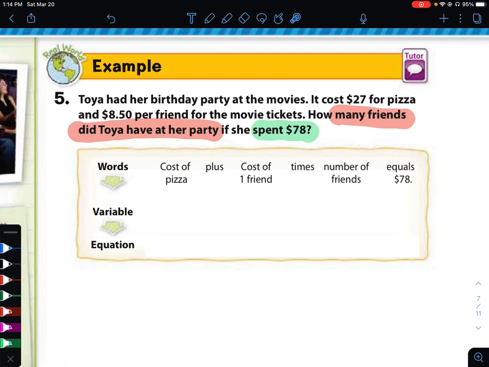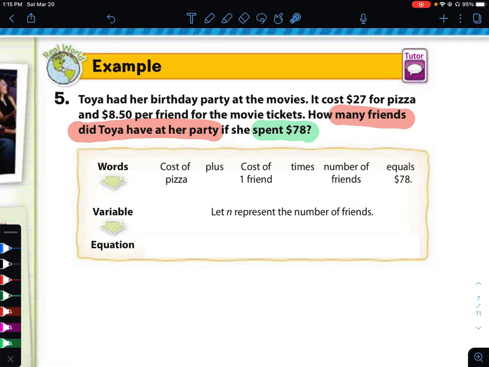We don't know the number of friends Toya will have for her party, so that will be our let statement and our variable for this particular word problem. Here we let n represent the number of friends Toya will have at that party.